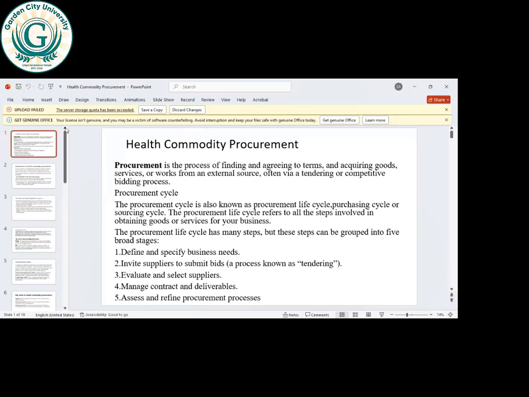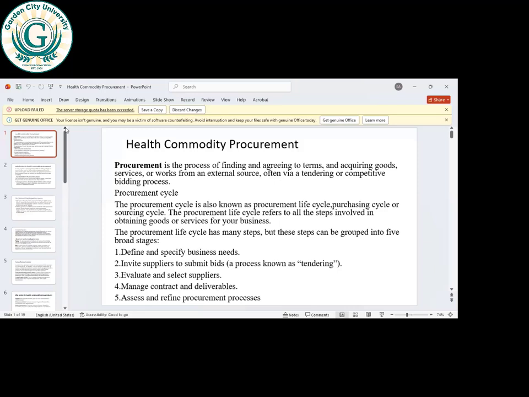Some organizations have registered suppliers. Before you supply them, you need to be a registered supplier with them. Some, you need to belong to certain associations or groups before you can be a supplier.